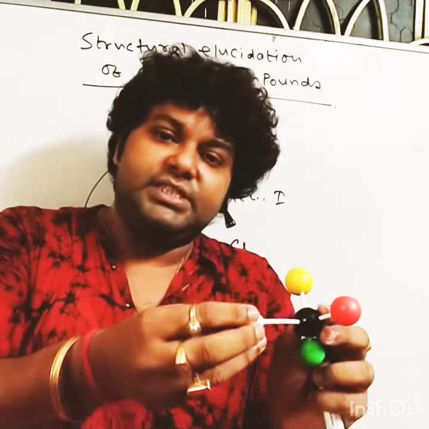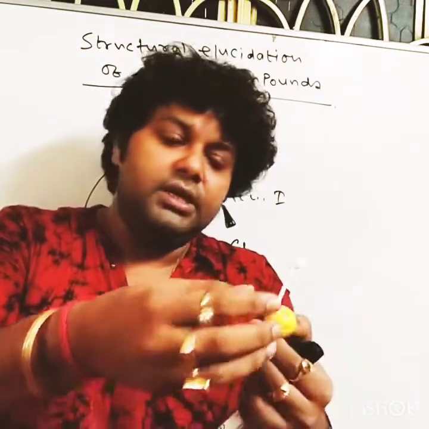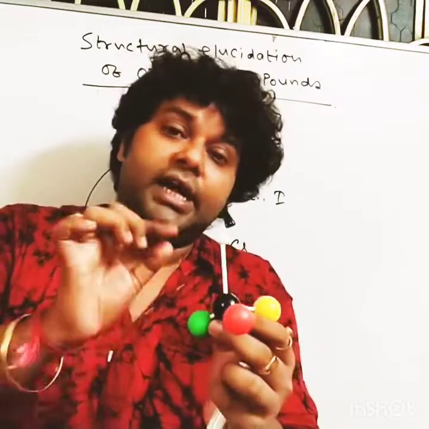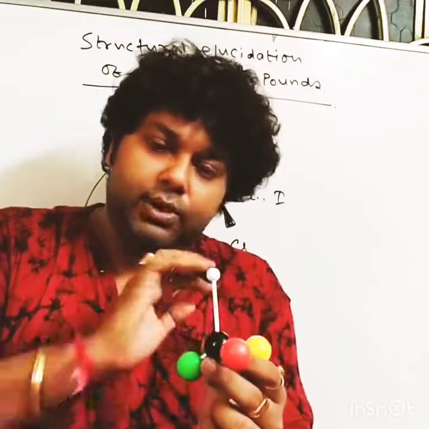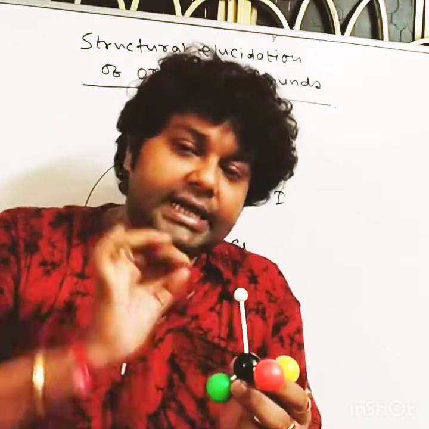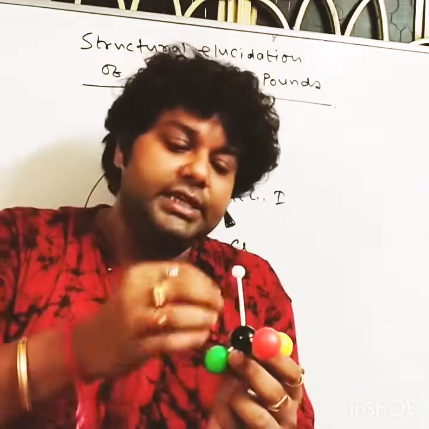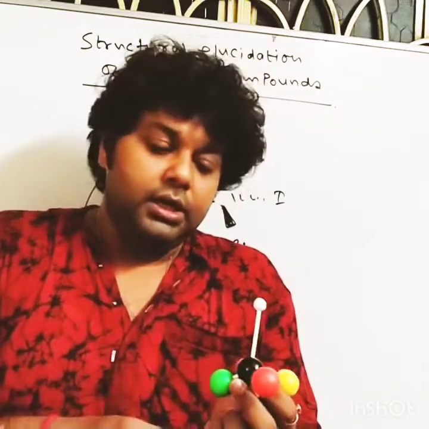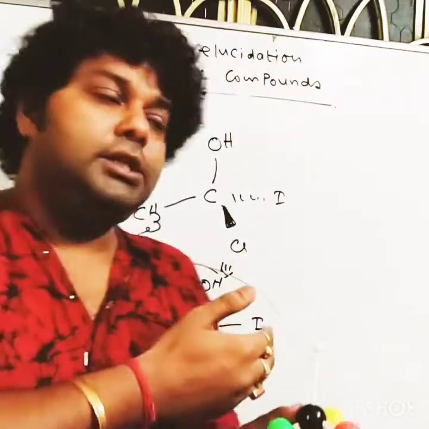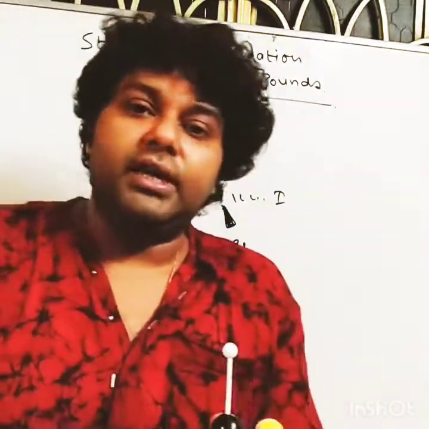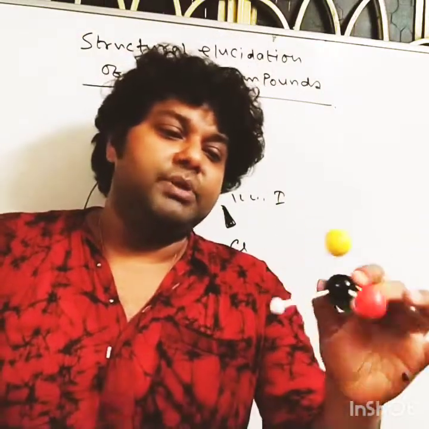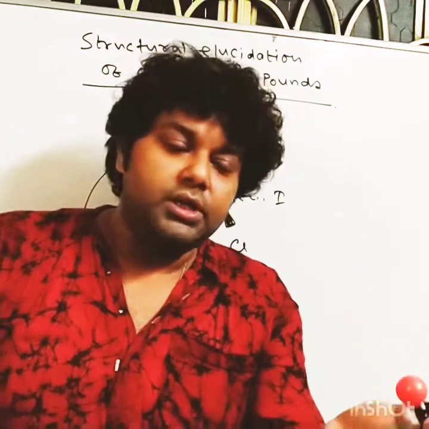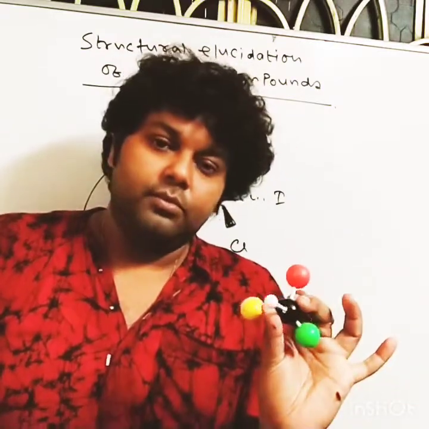Like this group can be CH3, this group can be C2H5, this group can be C3H7. Anything is possible, but I'm saying the chiral center will be only one, like this one. So for that compound which is containing one chiral center, what is the definition of chiral center? I have discussed about it. We have this strategy to be followed while we are converting this three-dimensional representation into a two-dimensional representation, that is from the flying wedge model to a Fischer projection.